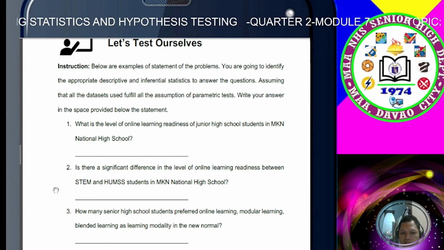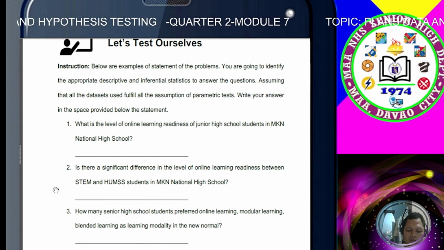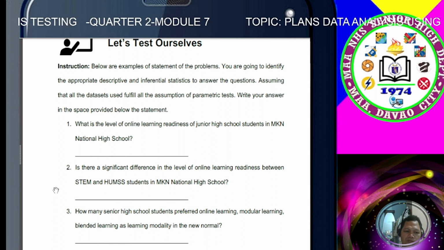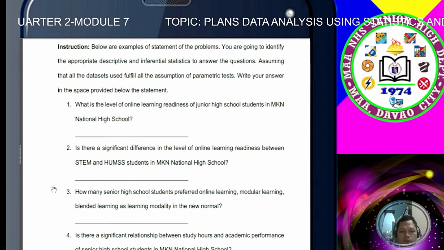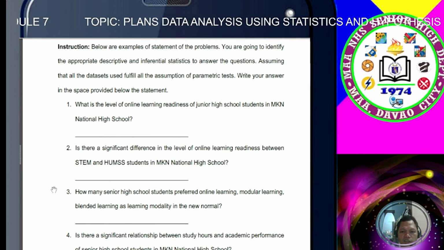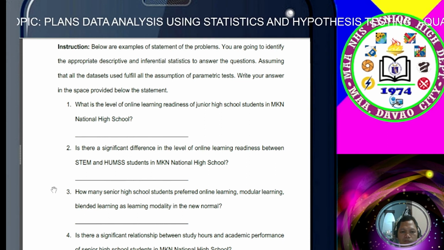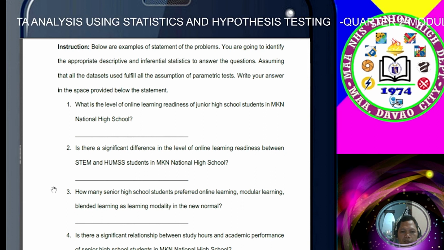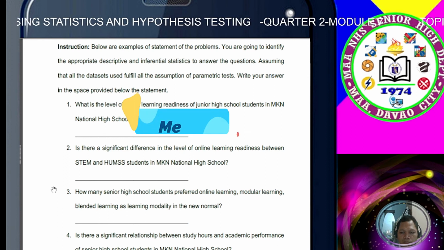Just like in our exercise earlier, identify what statistical tools we're going to use here. Are you ready? Number 1, what is the level of online learning readiness of junior high school students in MKN National High School? The answer here is we use the mean.